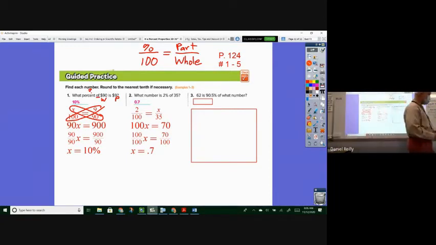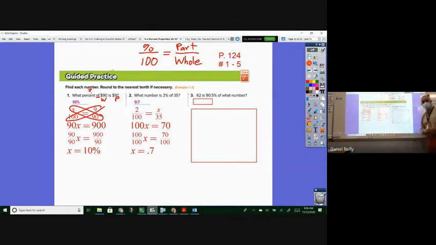So this problem number 3 is the kind of problem that we don't know how to do in another method. We didn't learn how to find the whole in either of the methods we learned last week, dividing part divided by whole or changing the percent to a decimal and multiplying. This one, we use the percent proportion to solve for the whole.